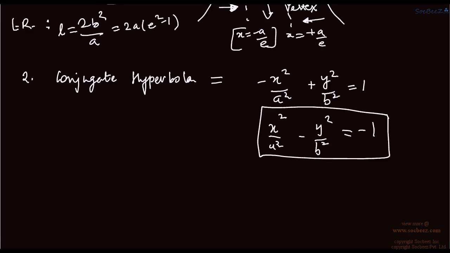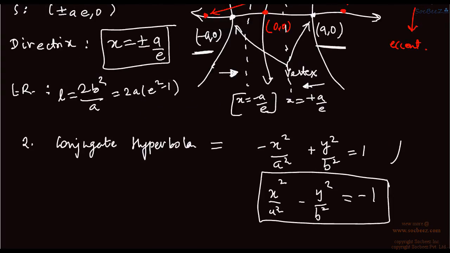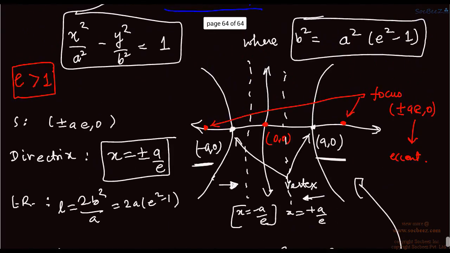Fine. So this is the conjugate hyperbola for this hyperbola. Now the auxiliary circle for this hyperbola, I'm going to make it with orange.